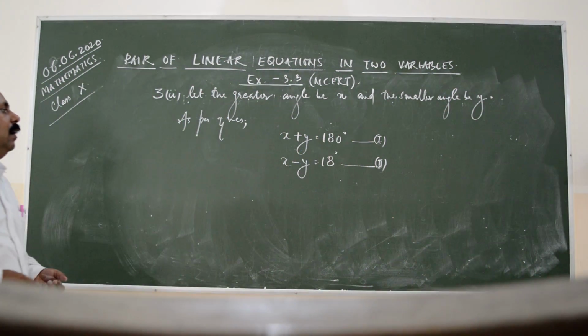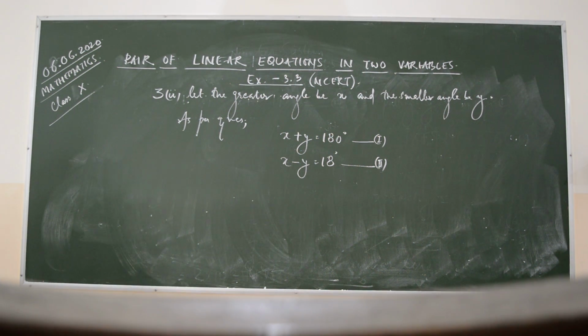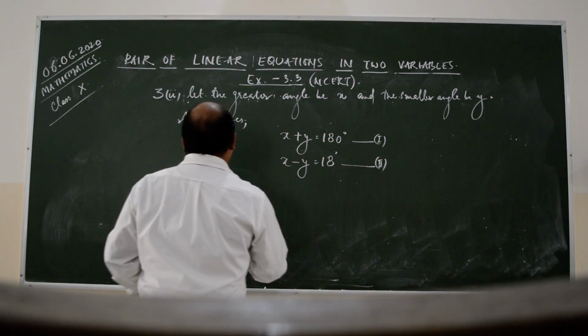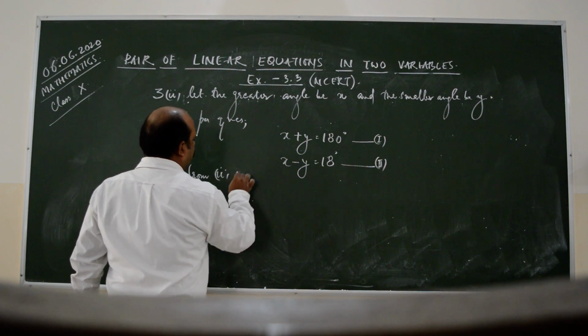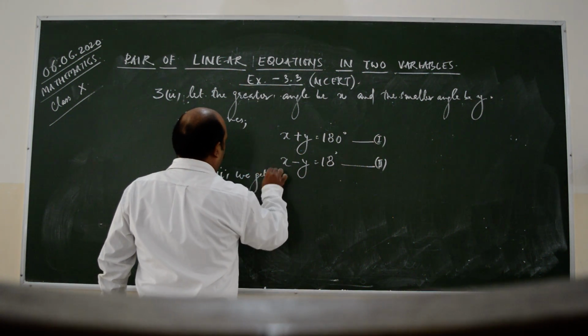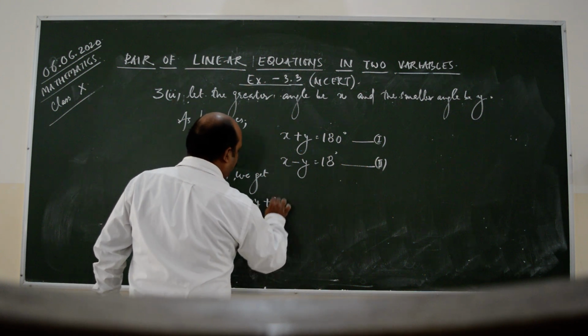It will be by making use of the substitution method. So again we will proceed in the same manner. From 2 we get x is equal to y plus 18.